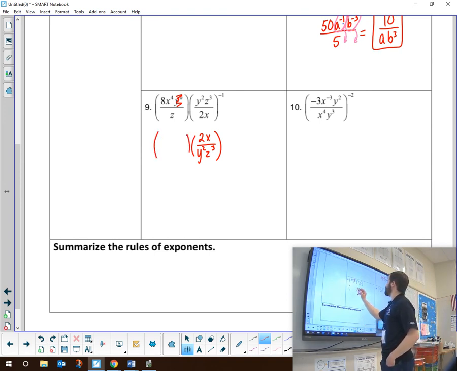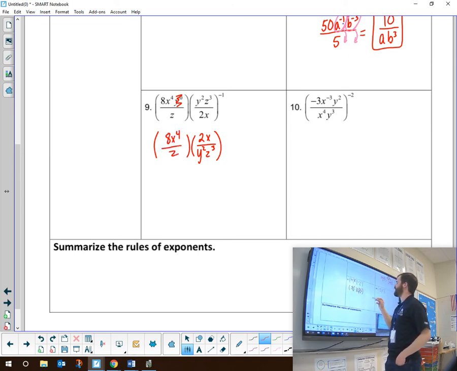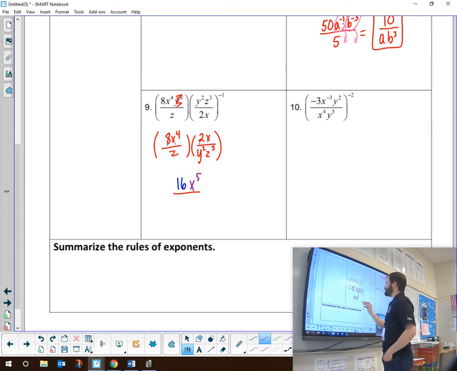All right, so we're going to have 8x to the 4th over z times all of this. So first step, whole numbers. 8 times 2 is 16. My x's are going to multiply together. X to the 4th times x is going to be x to the 5th. Then my y doesn't have anything to multiply to, so it's just going to be y squared on bottom.